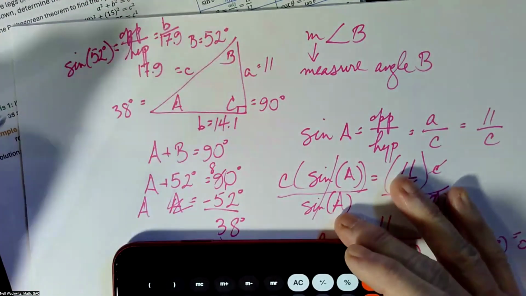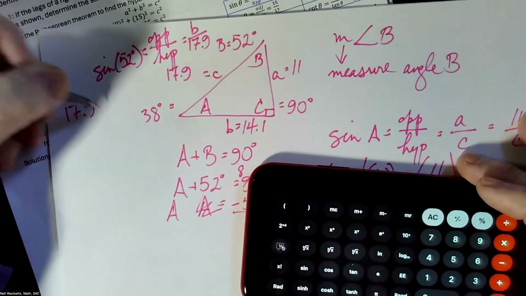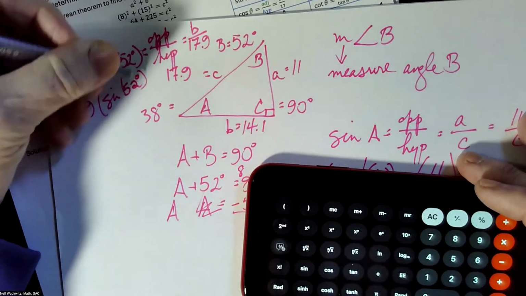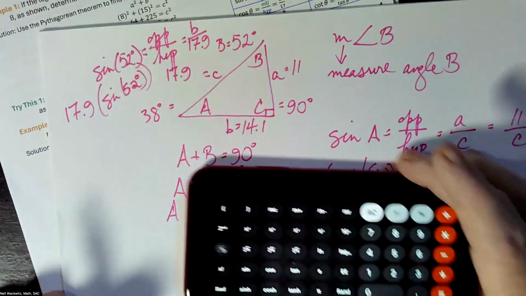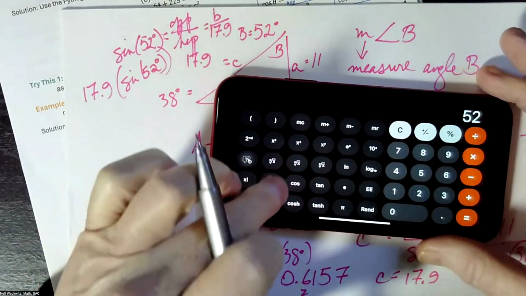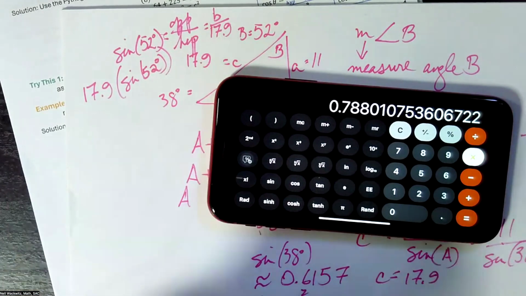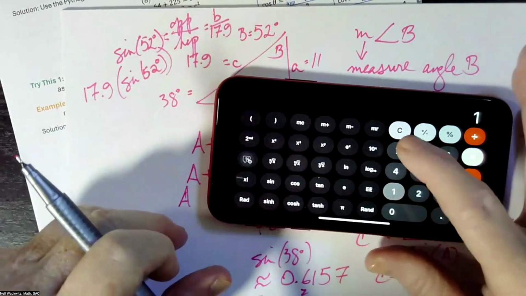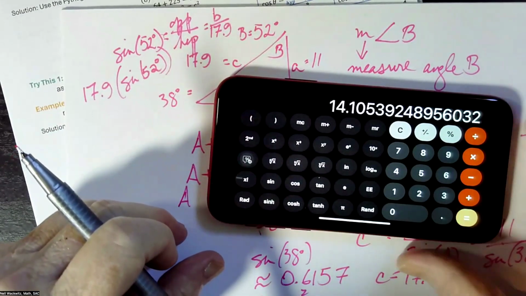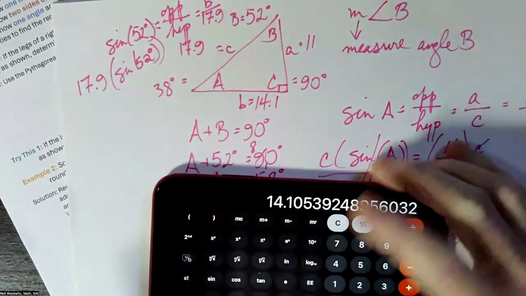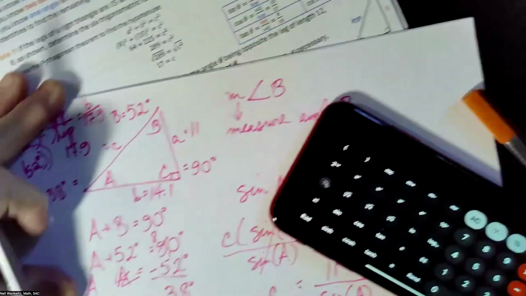And I'm going to multiply both sides by 17.9 to get another value of B, and let's see how close we are. So we have sine 52 times 17.9, and we get 14.1. Isn't that cool? We get the same thing. So these are always fun.